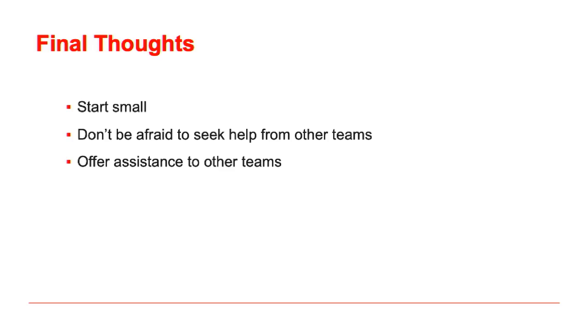And then I would say it's good to offer assistance to other teams. In many cases, we can help other teams do some automation, and as an end result, help that product be more secure. Especially if you think about automating workstation and server builds and that sort of thing.